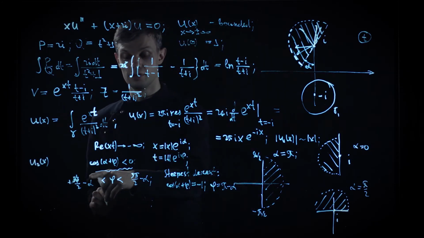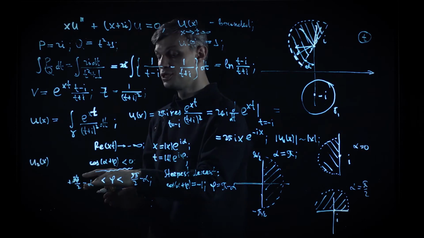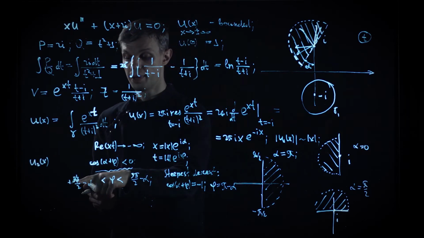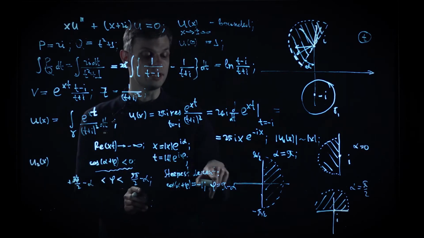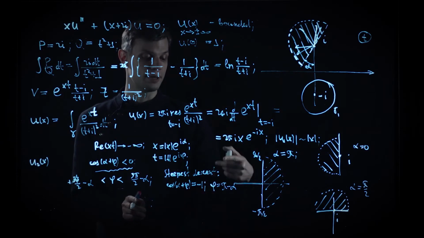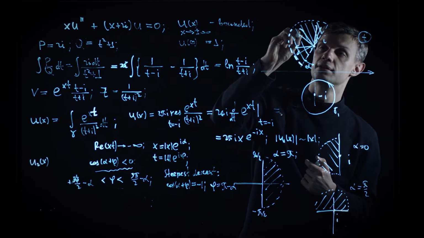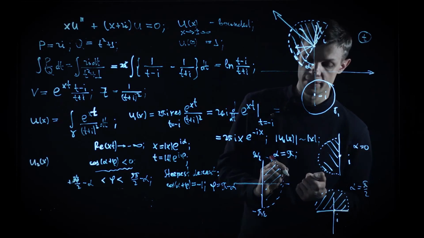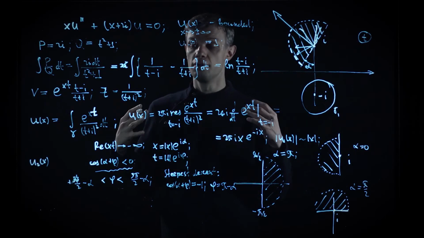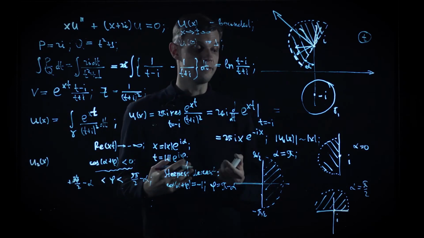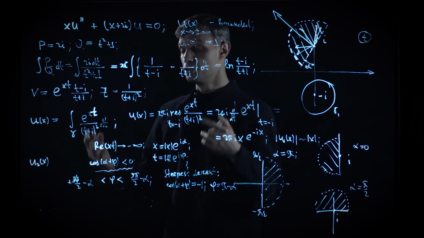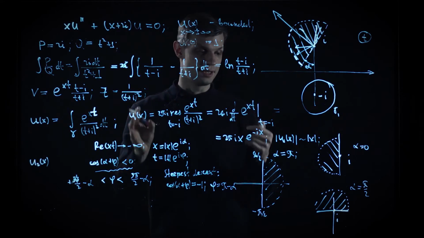So look at the segment to which phi should belong. It's from pi by 2 minus alpha to 3 pi by 2 minus alpha. And here is the steepest descent direction. It's pi minus alpha. It's a median. It's this direction. So we make all the things significantly simpler if from the very start we direct our contour in the steepest descent direction.